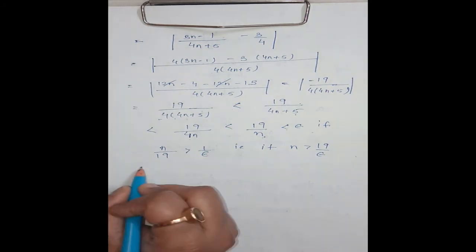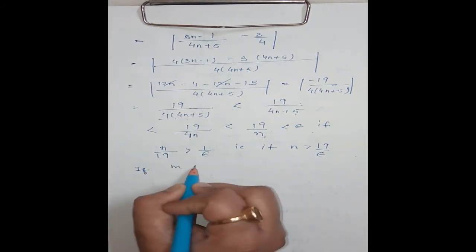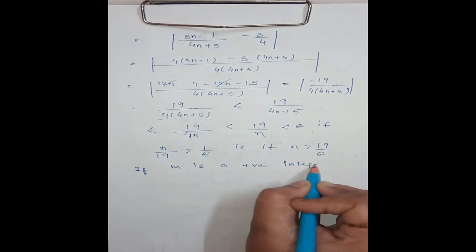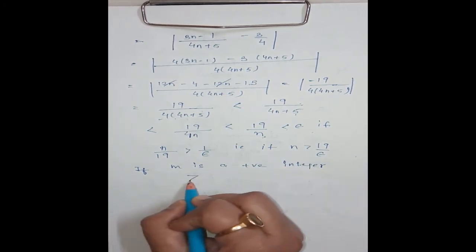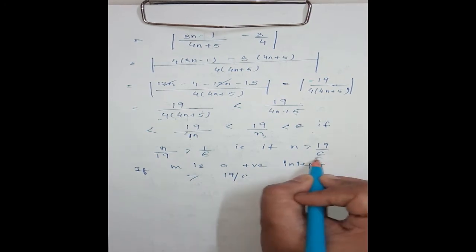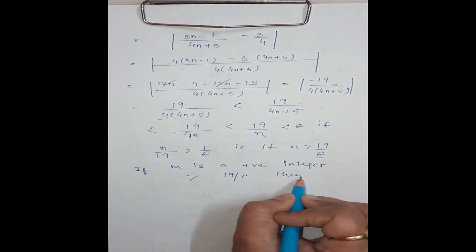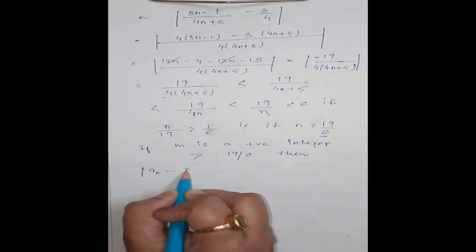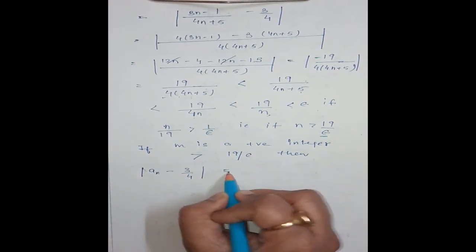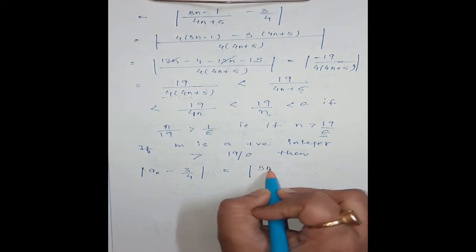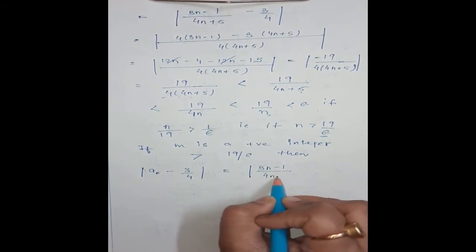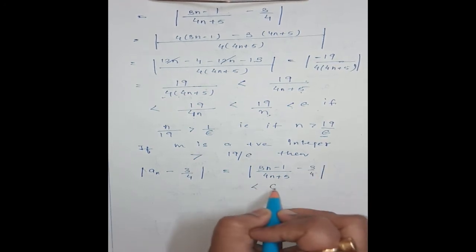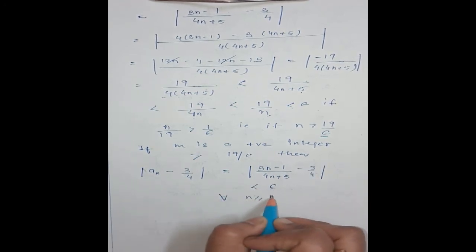Now, if m is a positive integer greater than 19/epsilon, then we have |a_n − 3/4|, that is |(3n − 1)/(4n + 5) − 3/4|, is less than epsilon for all n greater than or equal to m.